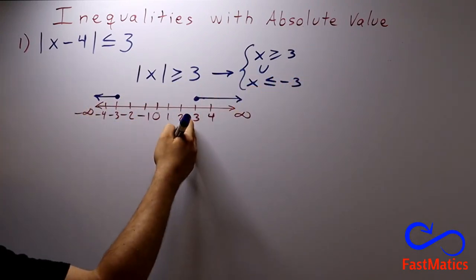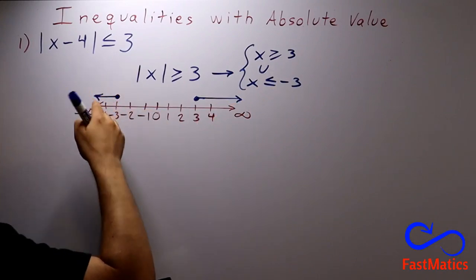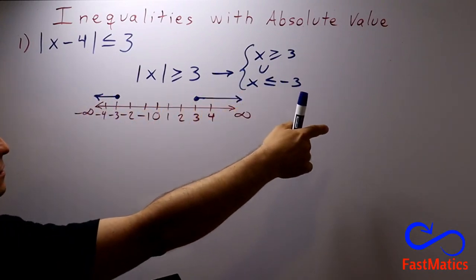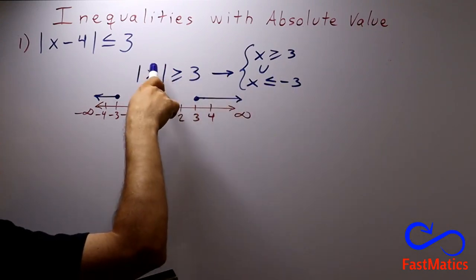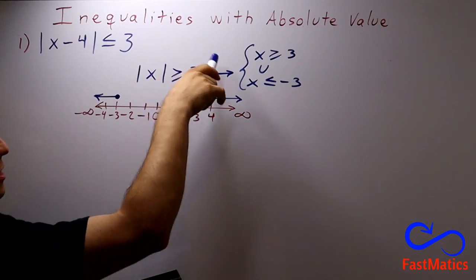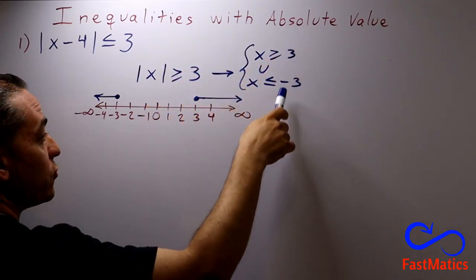Because here we have numbers greater than or equal to 3, and here we have numbers less than or equal to negative 3. Always when you have the absolute value greater than, or maybe greater than or equal to, another number, two cases.